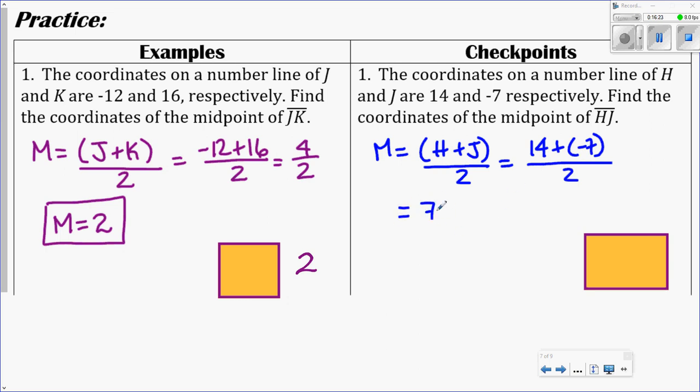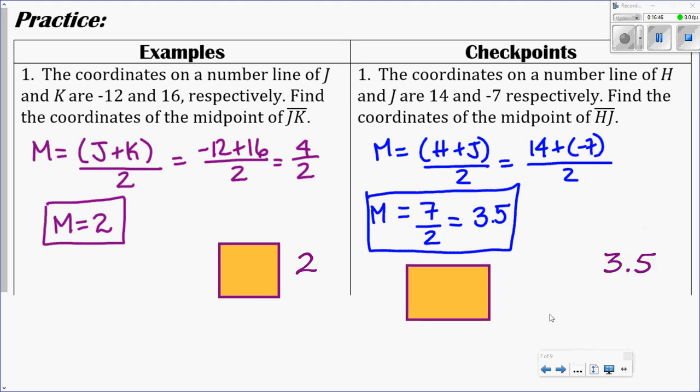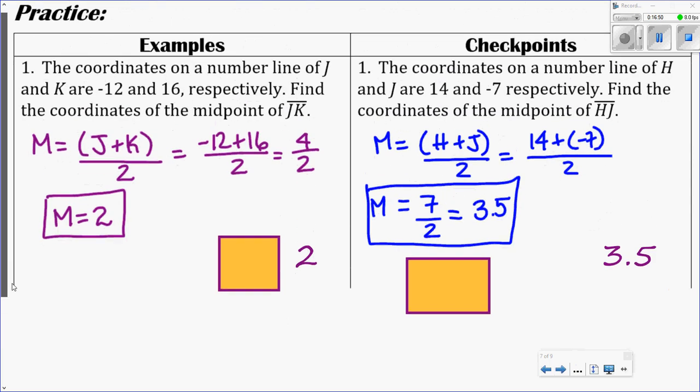That will be 7 over 2. So you can have that as 7 over 2, or if you want to put it as a decimal, you can have it as 3.5. So either way, this answer is the same. Okay, make sure there's nothing underneath. All right.